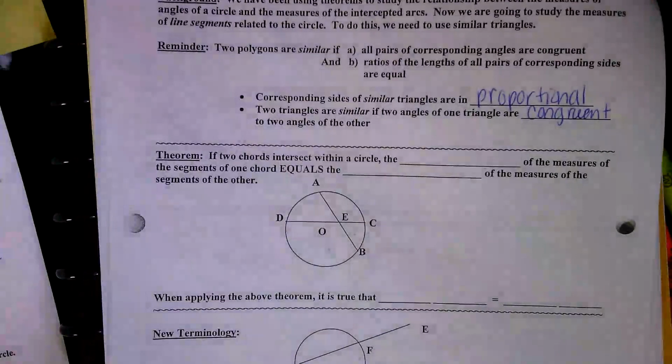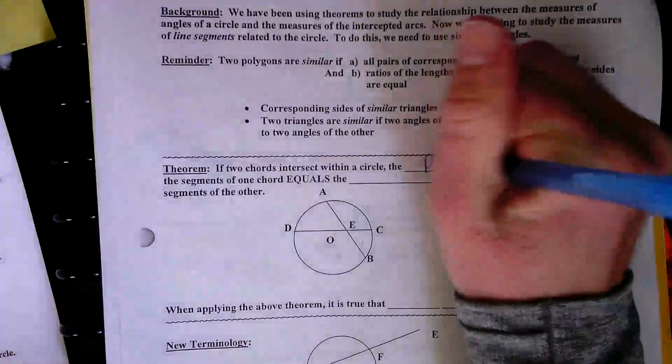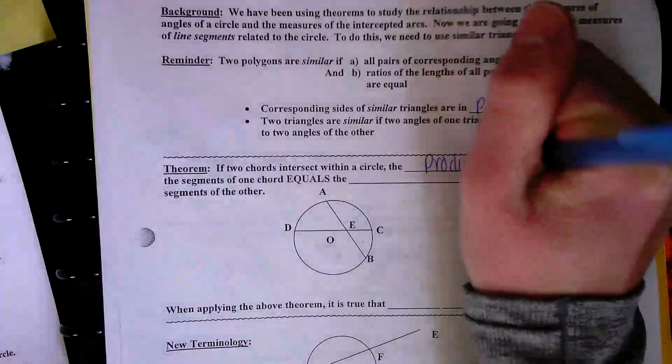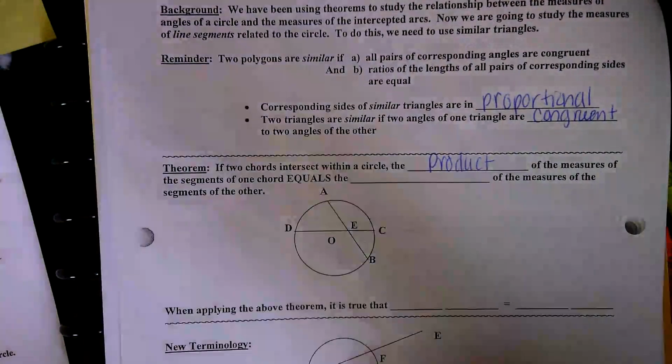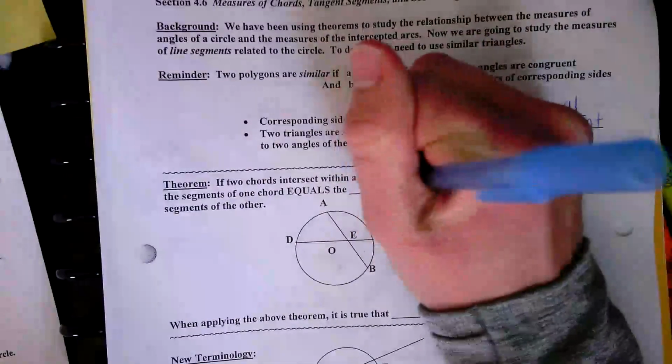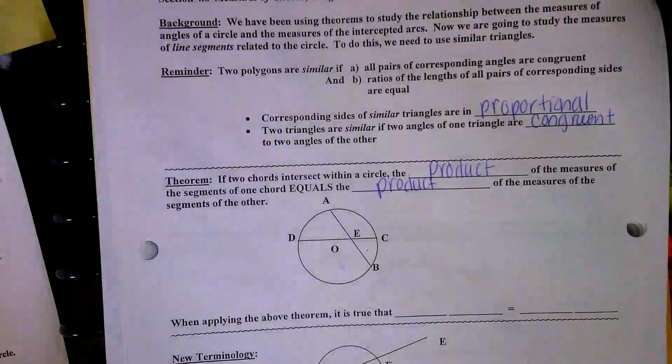All right, so now let's take a look at our first theorem. If two chords intersect within a circle, the product of the measures of the segments of one chord equals the product of the measures of the segments of the other.